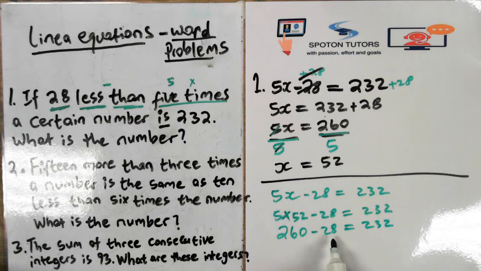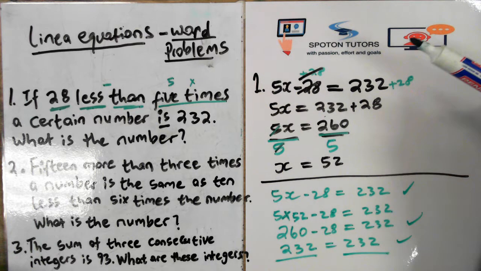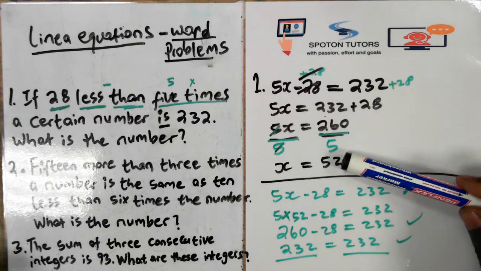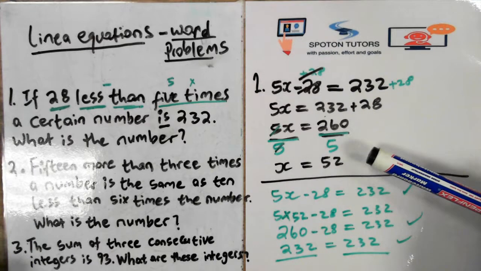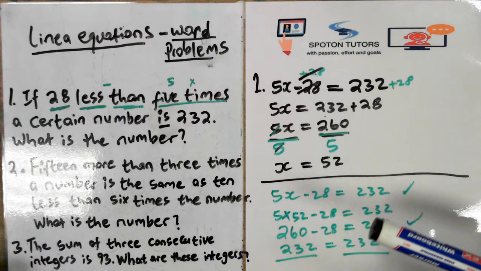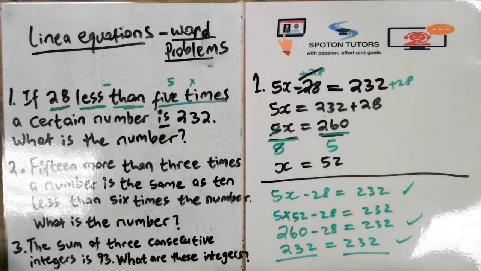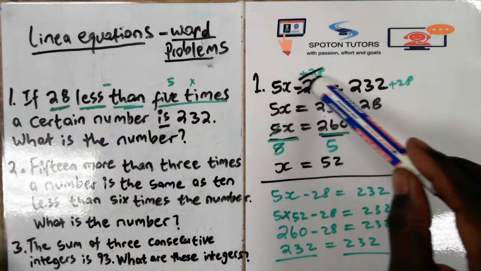So 260 minus 28, 232 equals 232. So your left hand side equals your right hand side. You have proven your work. But what you were required to do was up until the earlier stage. Sometimes an examiner would ask you to prove your answer. So that's how you prove your answer. You substitute the value that you got into the original equation.